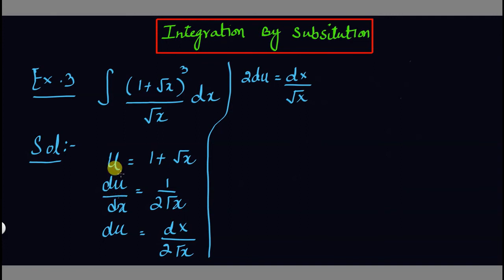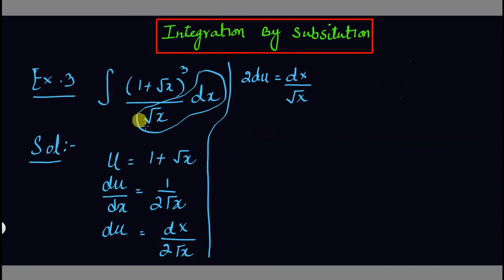So actually why I have substituted u is equal to 1 plus square root of x, because I can construct this dx over square root of x by taking the differentiation of this substitution.